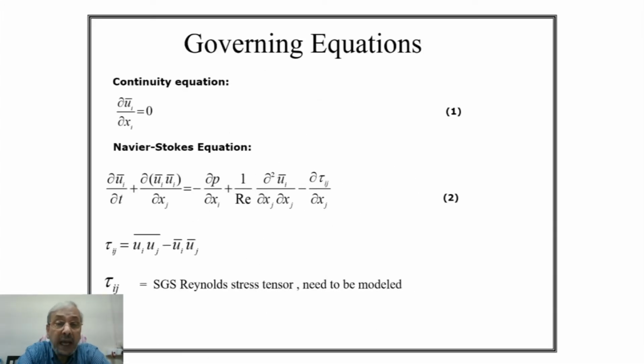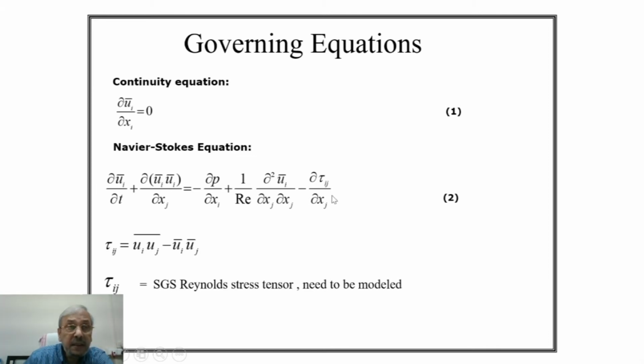Now assume that we are using a filter which is at the end of the inertial subrange, fine enough, but smaller than the Kolmogorov length scale. So this is the filtered continuity equation. This is the filtered Navier-Stokes equations.